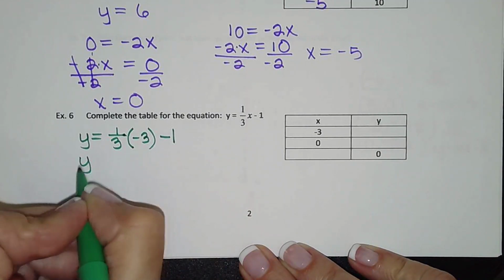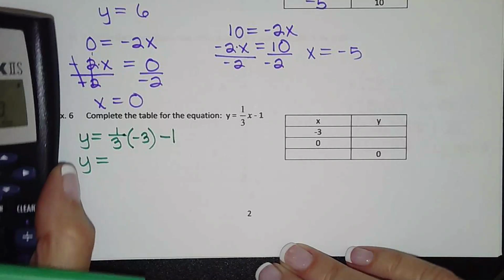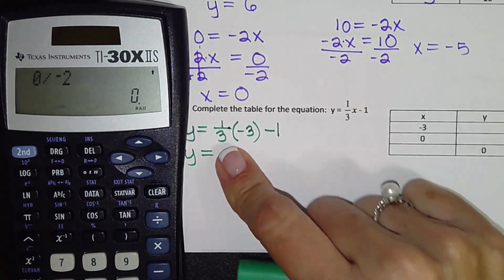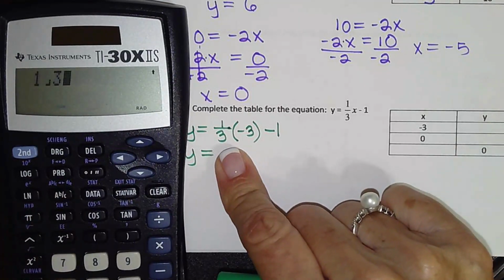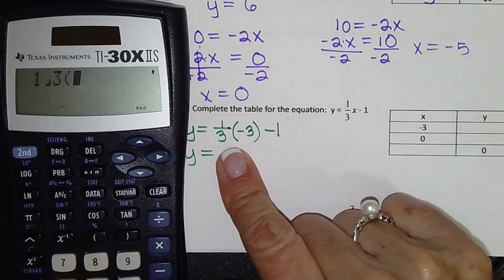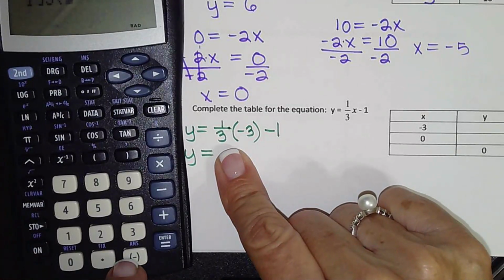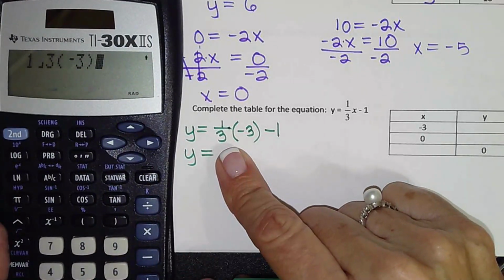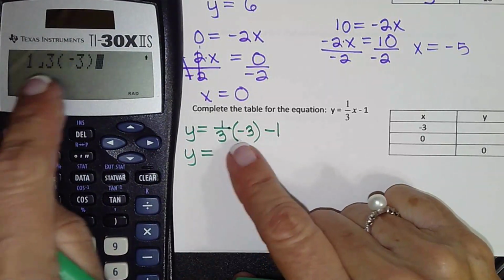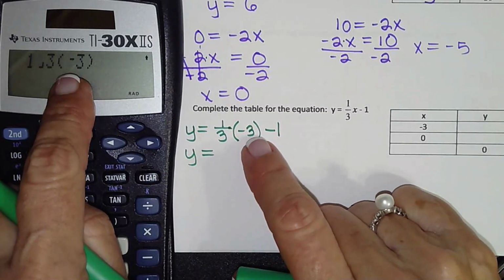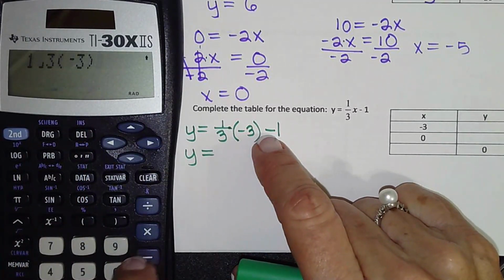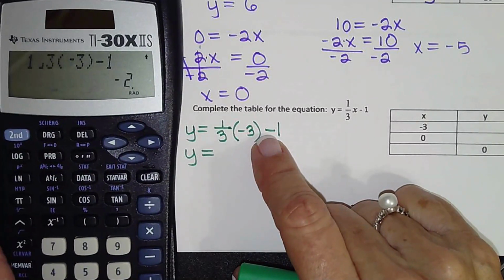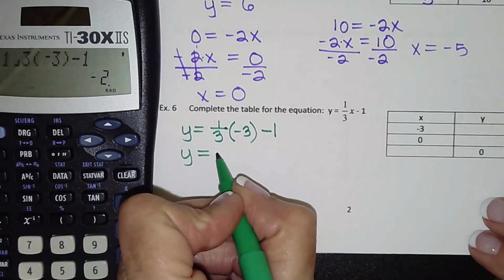So this one, we just have to put in our calculator, just like we see it. 1 fraction bar 3 parentheses, and then this is negative, so use your -3 down here, not your subtraction sign. So 1/3 parentheses -3. Now this is subtraction. Subtract 1, and that tells me y is -2.